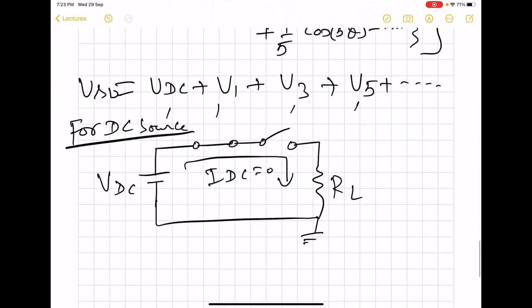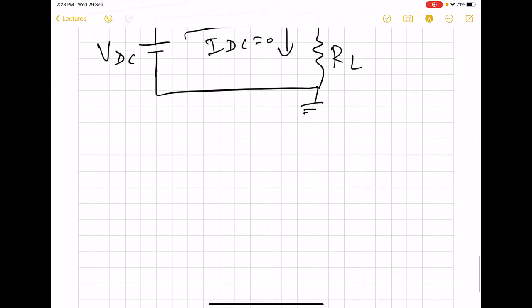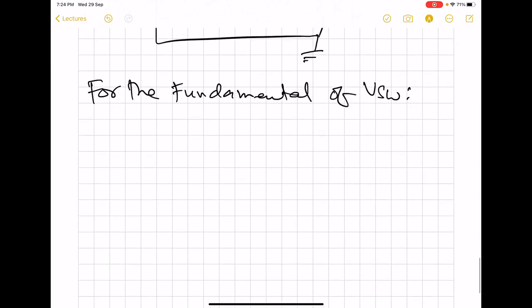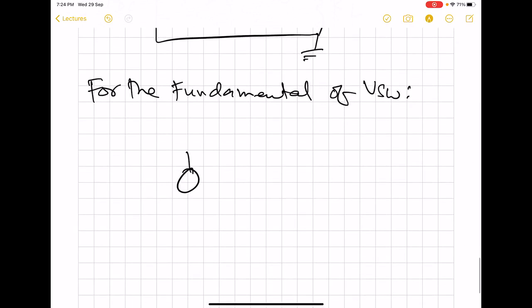Now when we take the fundamental, the scenario is like this.